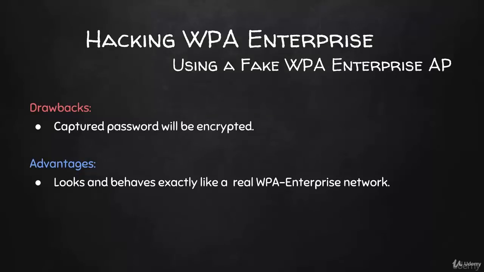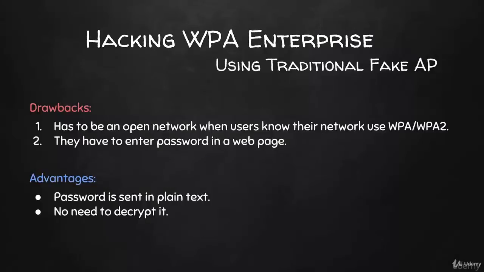Okay, now that we know the methods that we can use to gain access to WPA Enterprise networks, in this lecture I want to show you the more advanced method, the one where we create a fake WPA Enterprise network. The first method, like I said, just uses a traditional fake access point, and I covered this before in detail.